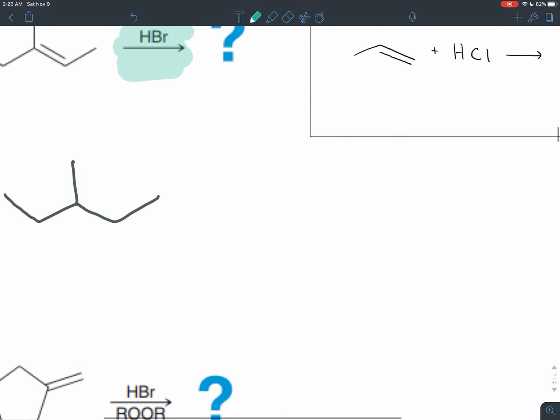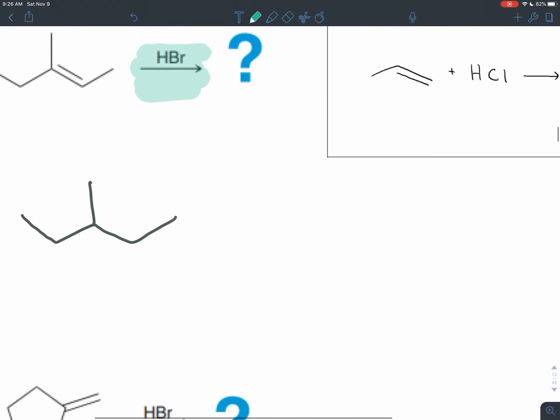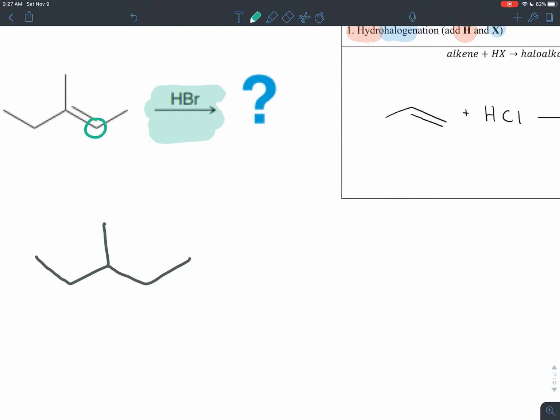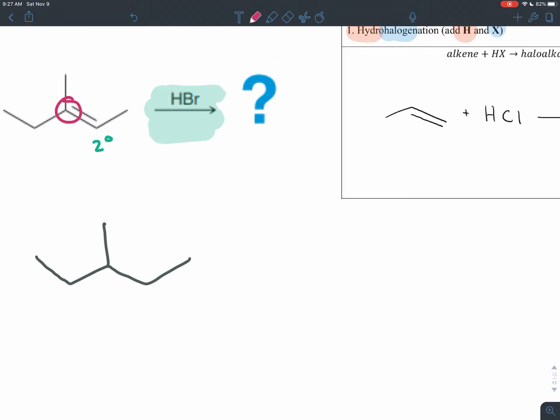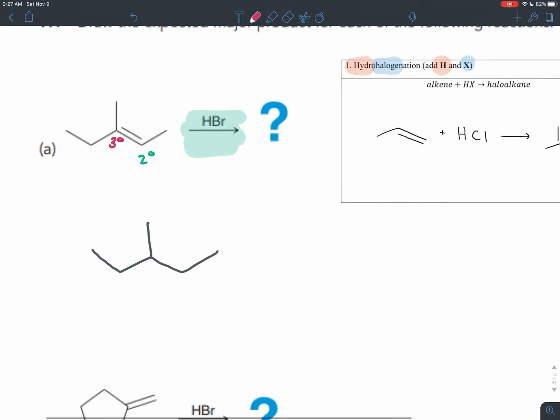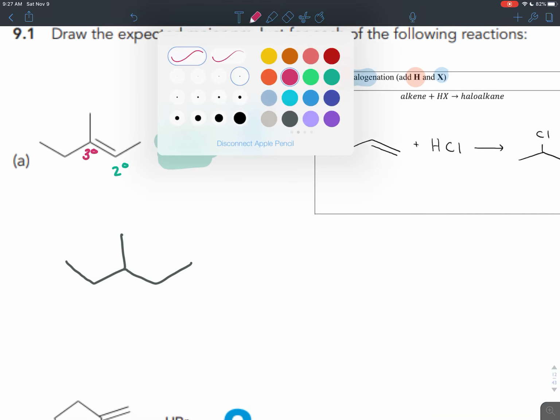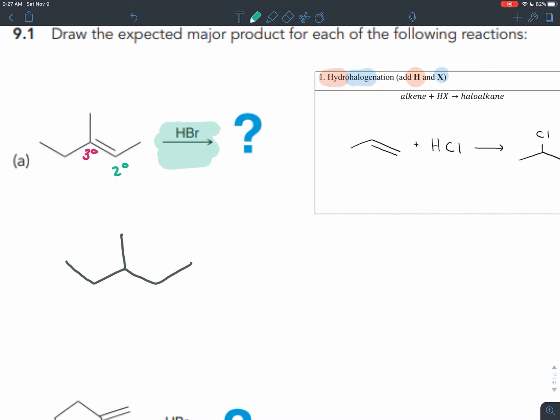This carbon here, of the two carbons in the double bond, is bonded to 2 carbons, so that is secondary. And the other carbon in the double bond is bonded to 3 carbons, so that is tertiary. Because this is Markovnikov addition, the H will go to the less substituted carbon, the secondary one. So that's where we'll draw that H in.